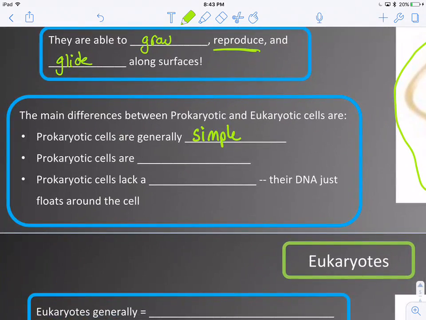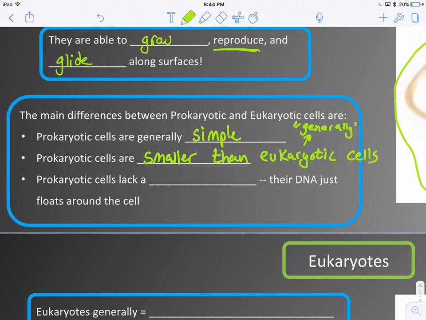Prokaryotic cells are smaller than eukaryotic cells, and that's generally speaking as well. We'll write that up here. And lastly, this is the most important factor: prokaryotic cells lack a nucleus, which is something you should all know about at this point.